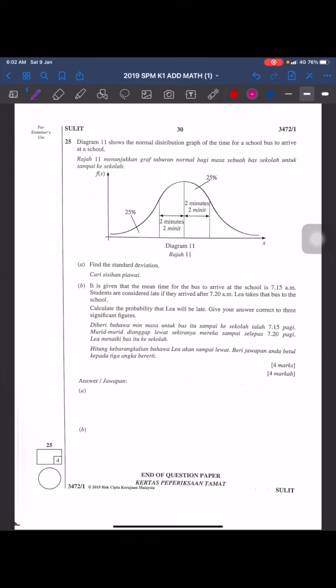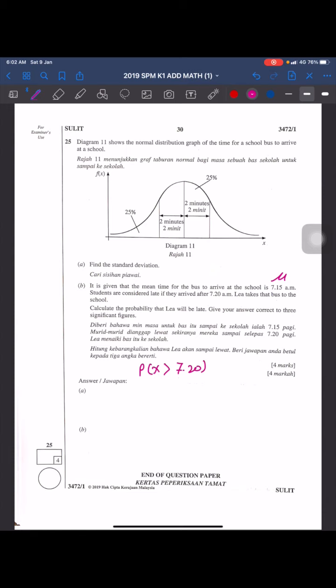Okay, last part, B. It is given that the mean time for the bus to arrive at the school is 7:15. Students are considered late if they arrive after 7:20. Leia takes that bus to the school. Calculate the probability that Leia will be late. Okay, so Leia will be late if she arrives more than 7:20, right?